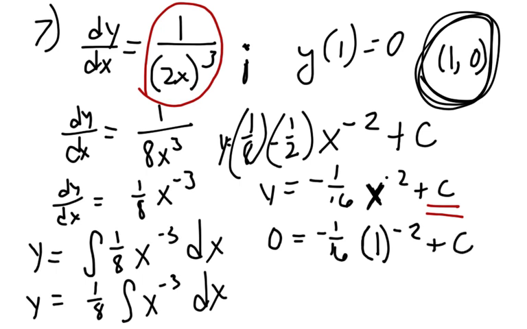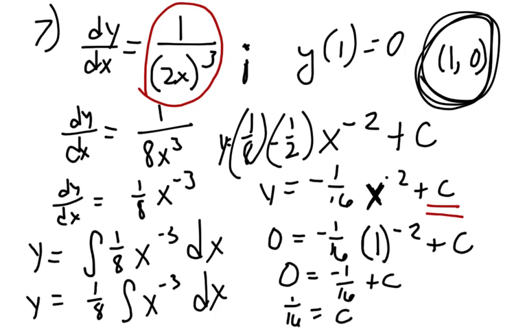Now what is 1 to the negative 2 power? Well, it's 1 over 1 squared, which is 1 over 1, which is just 1. Really, 1 to the anything power is 1. So this means 0 equals negative 1/16 plus c. If I add 1/16 to both sides, then 1/16 equals c.